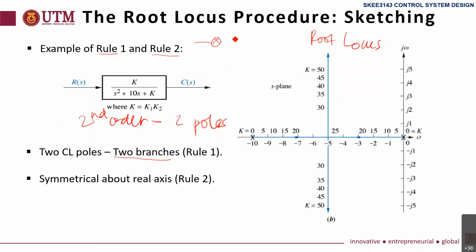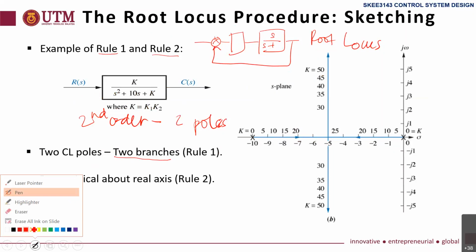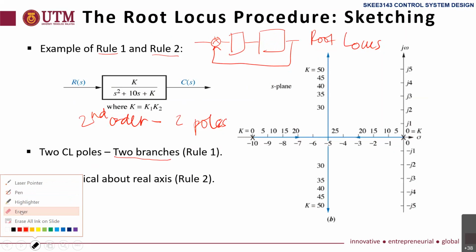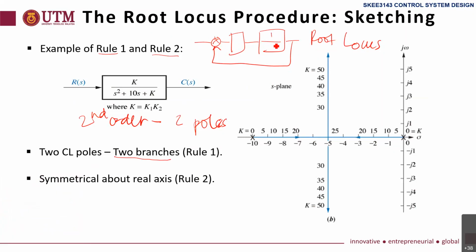Initially it was like this, one over s times (s plus 10). So the poles here are at 0 and minus 10. So first, we plot the poles.